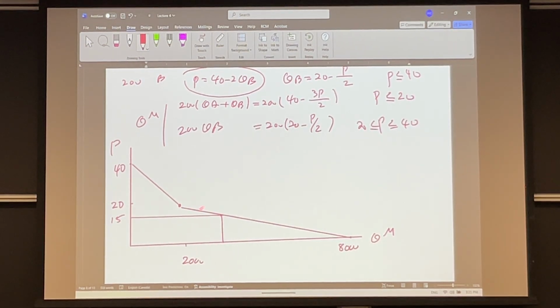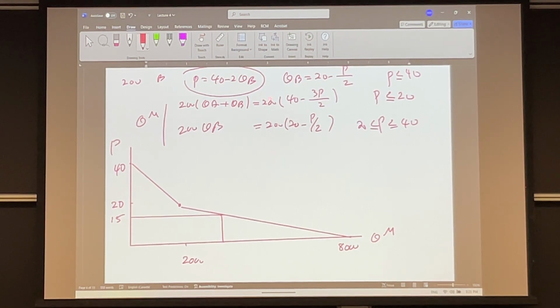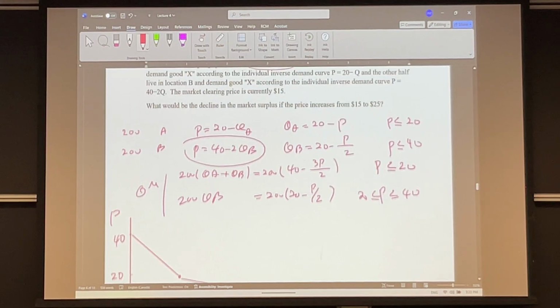What do you get? If you put 15 there, what do you get? 22.5, 17.5, 1,500? Oh, 3,500. That is this one, the price going up to 25.